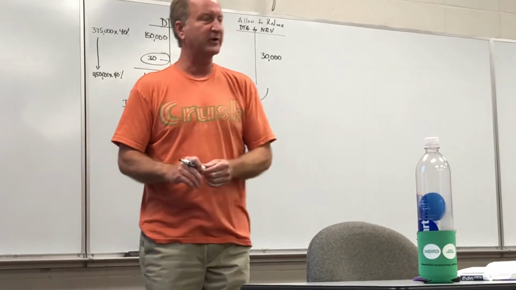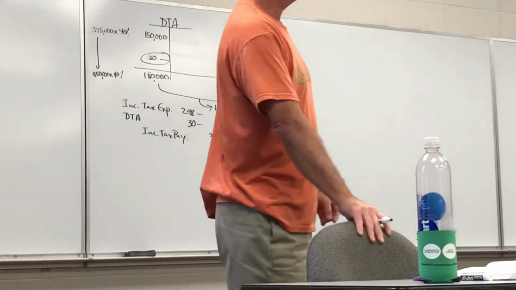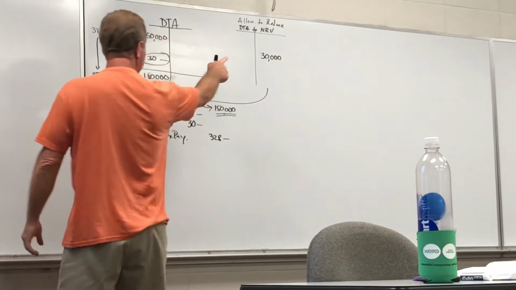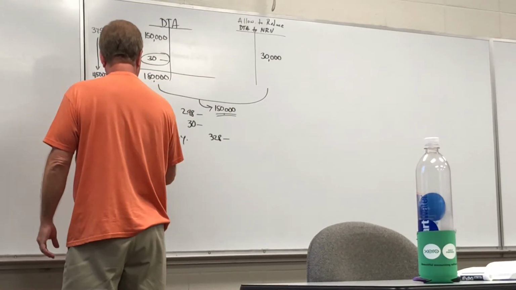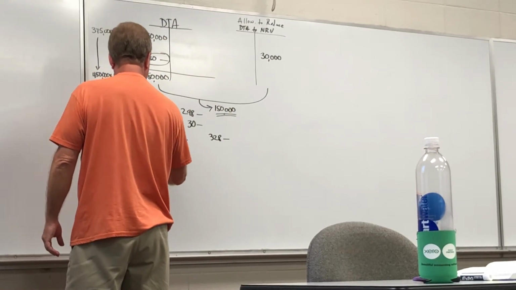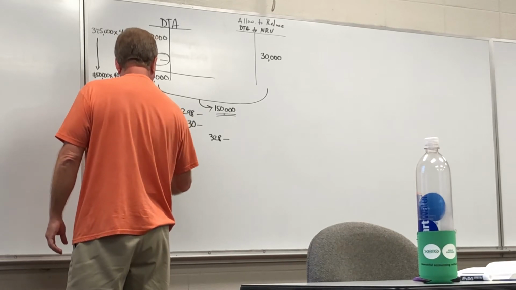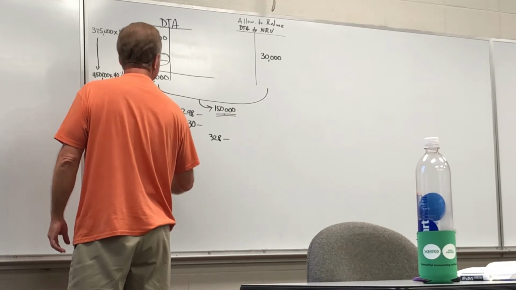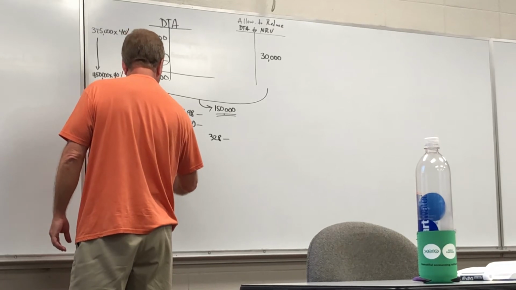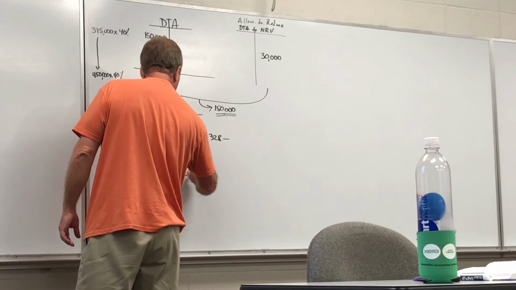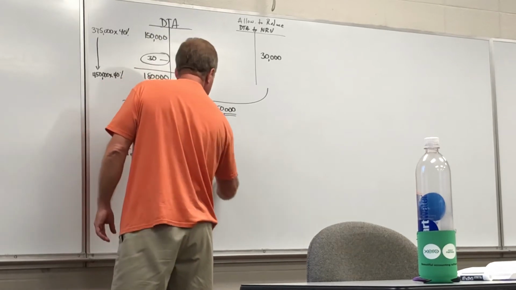Two debits equal a greater debit. So what's the journal entry to recognize the creation of that? It's debit income tax expense and credit the allowance to reduce. $30,000.